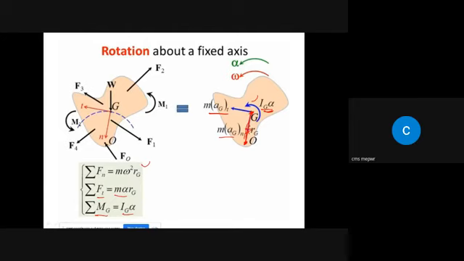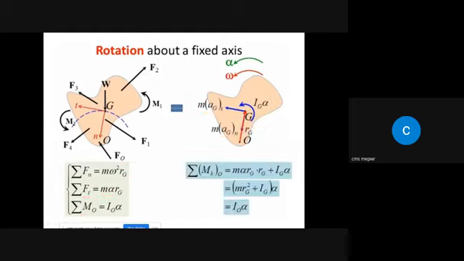So the moment produced due to MAGN should be equal to 0. The only moment will be MAGT multiplied by this perpendicular distance, which is RG, right? And definitely the inertia couple moment. So moment about point O will be equal to Io alpha.